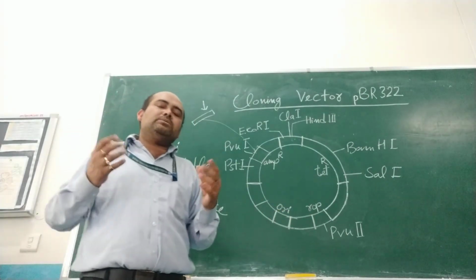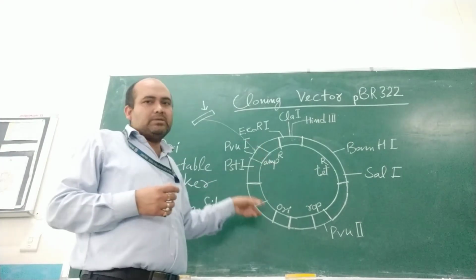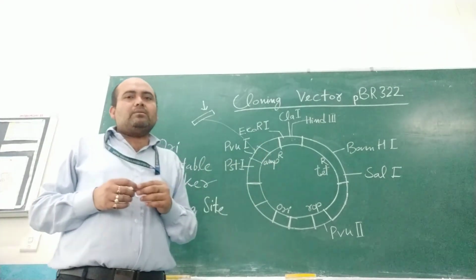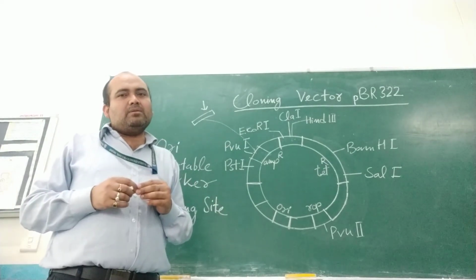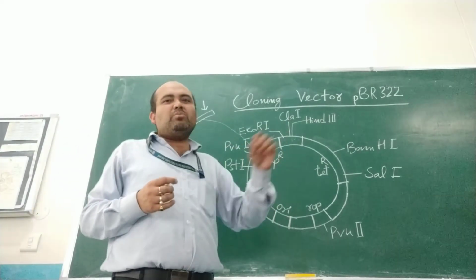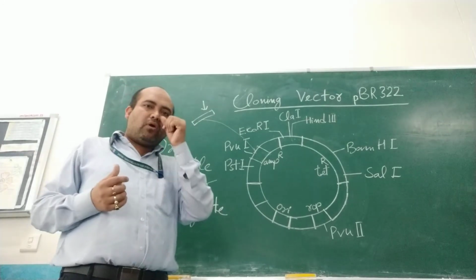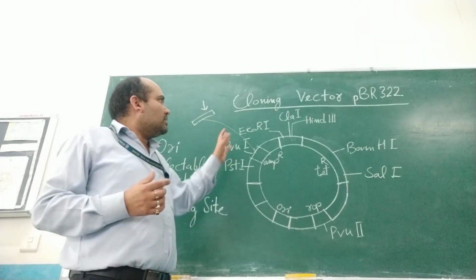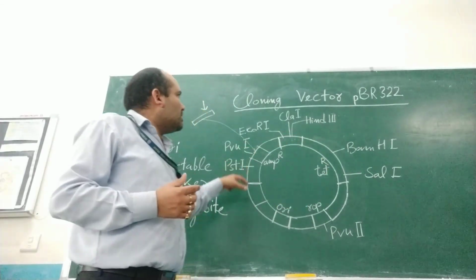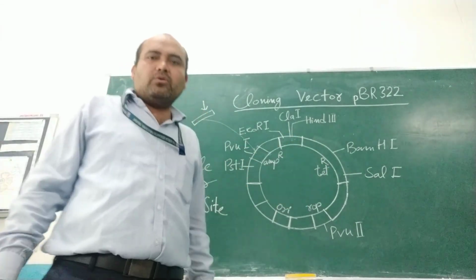Nowadays there are thousands of bacteria and plasmids available, and thousands of enzymes are available by which you can manipulate the DNA and form your desirable product. So this is the structure of pBR322. Okay, thank you.